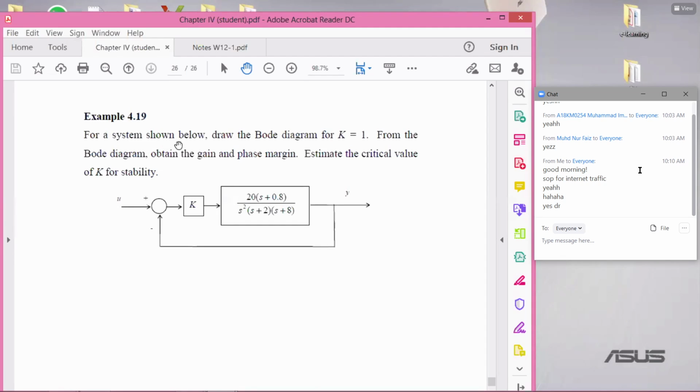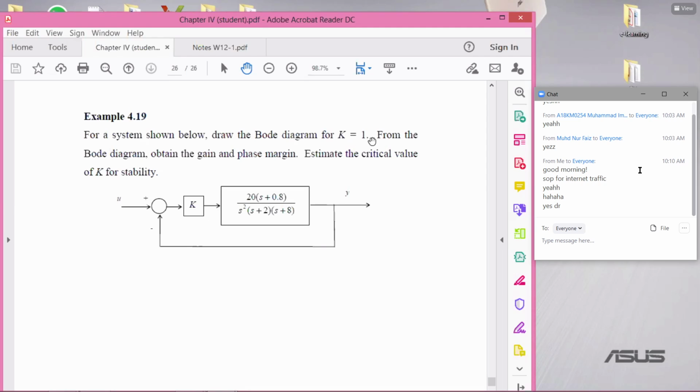For the system shown below, draw the Bode diagram for K equal to 1. There's a reason why you want to draw a Bode diagram or Nyquist diagram for K equal to 1. Your gain margin is going to tell you how big the value of controller gain K can be before the system becomes unstable.